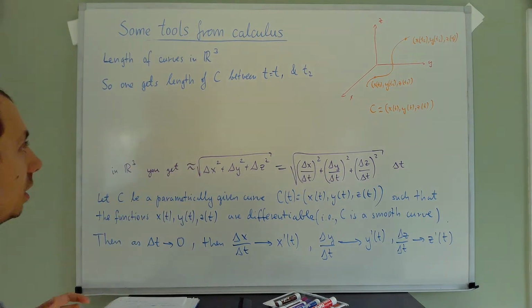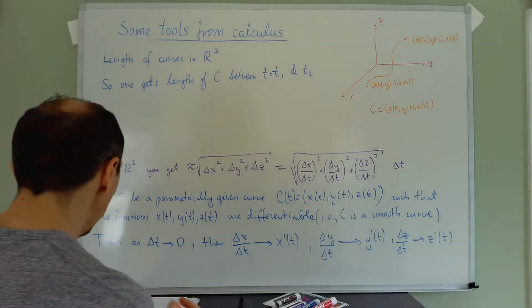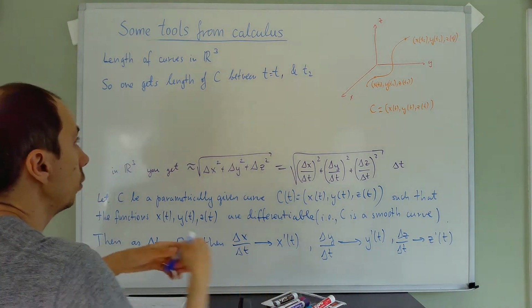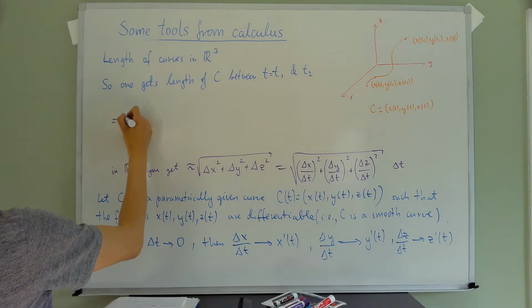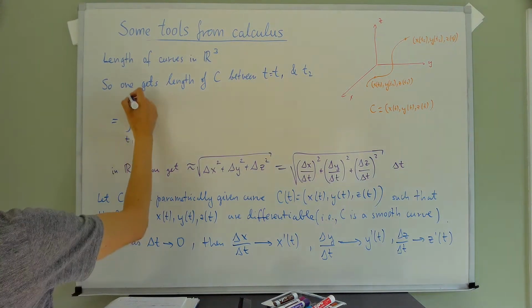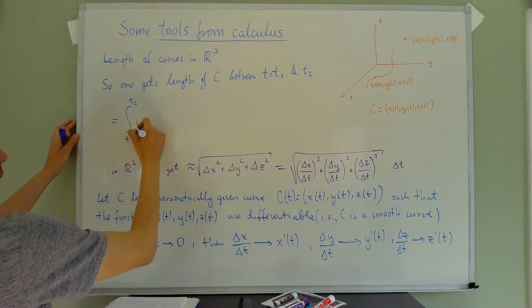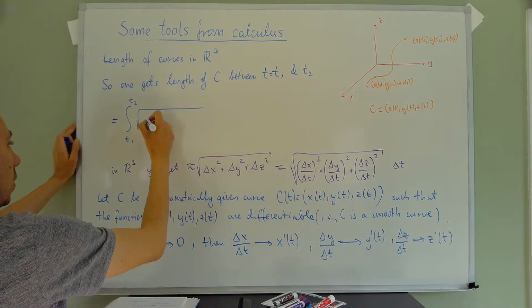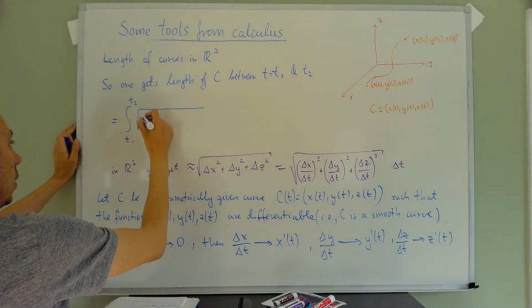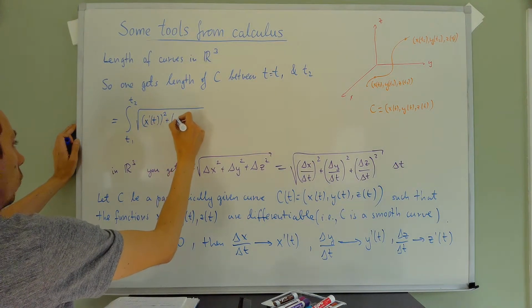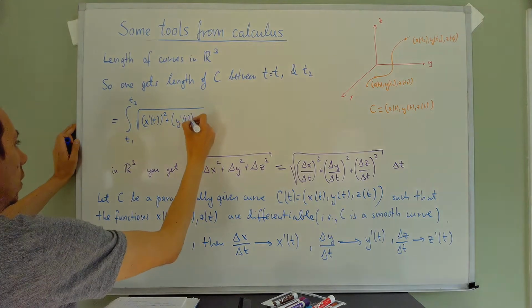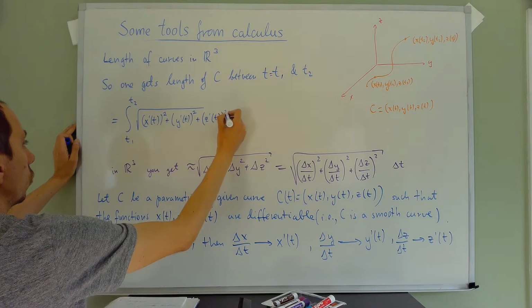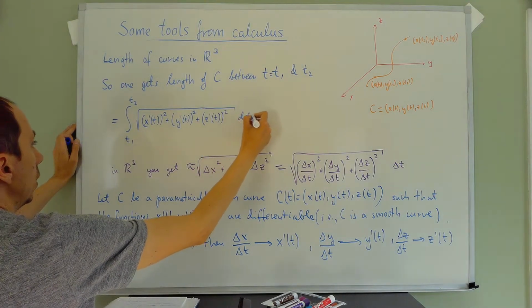So one gets the length of C between t1 and t2 equal to the integral from t1 to t2. We get the square root here, and all these guys become derivatives: x prime of t squared plus y prime of t squared plus z prime of t squared, dt.